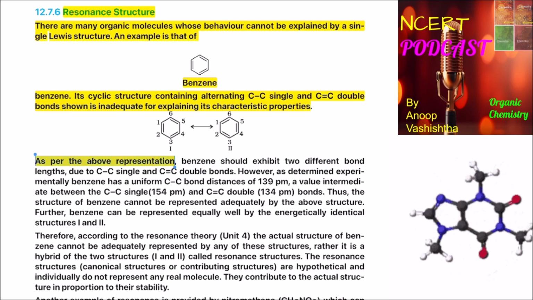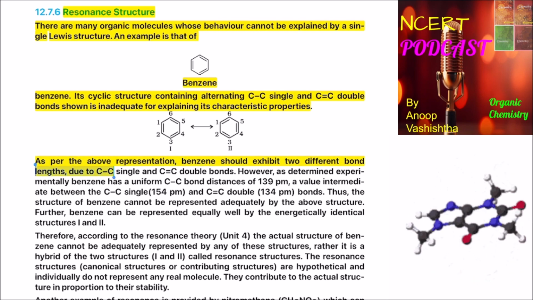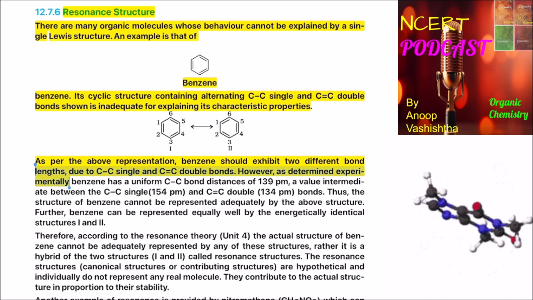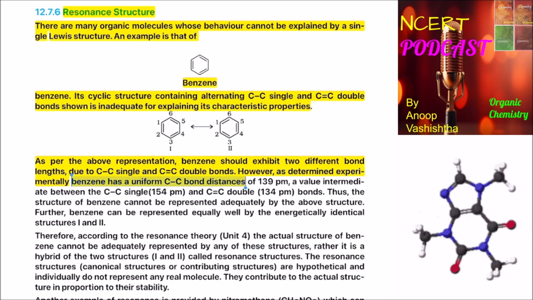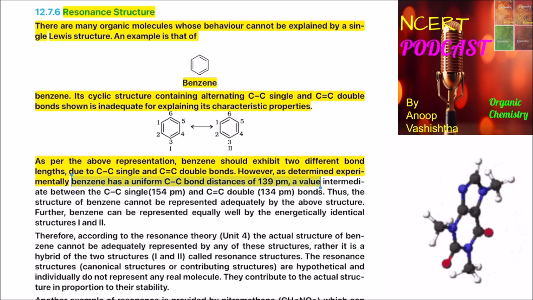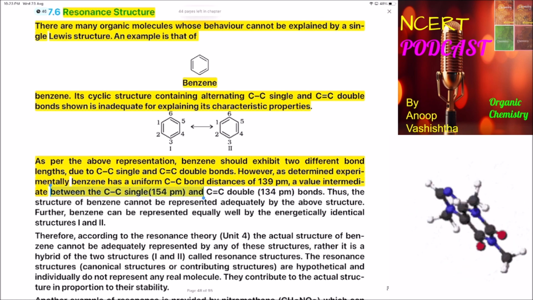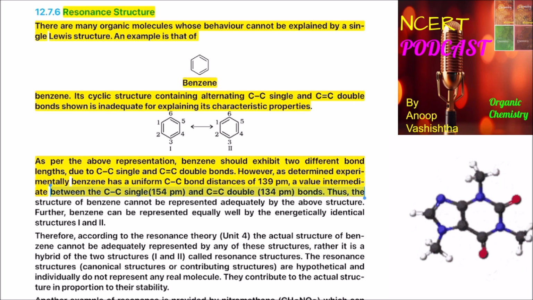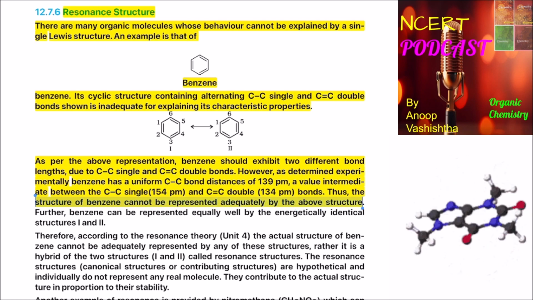As per the above representation, benzene should exhibit two different bond lengths due to C-C single and C=C double bonds. However, as determined experimentally, benzene has uniform C-C bond distances of 139 picometers, a value intermediate between C-C single, 154 pm, and C=C double, 134 picometer bonds. Thus, the structure of benzene cannot be represented adequately by the above structure.